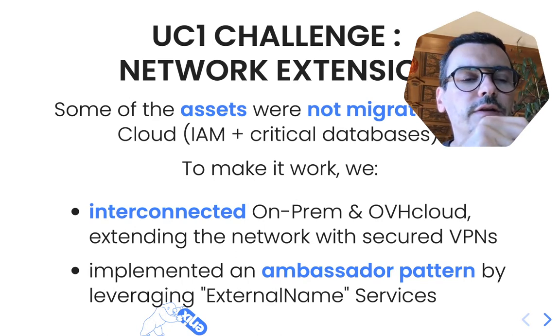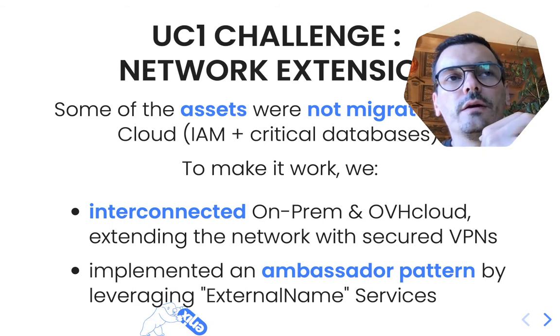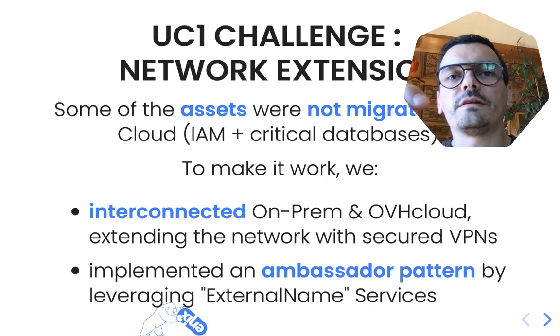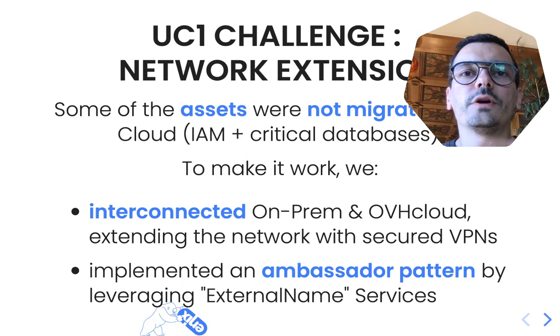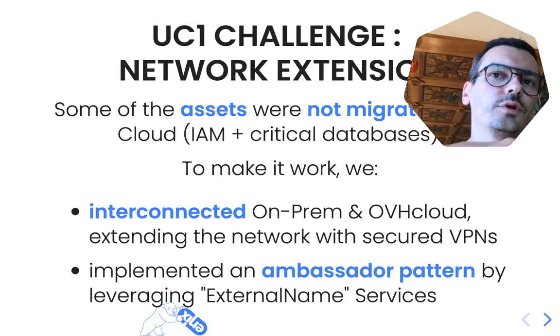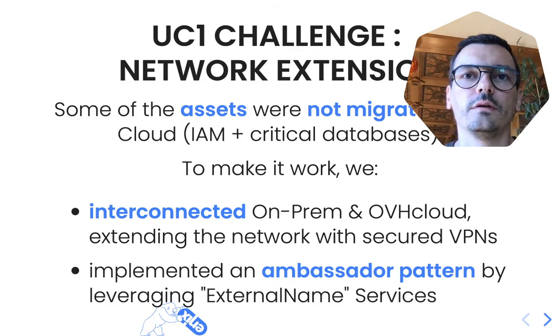We also implemented the ambassador pattern, which is basically building avatars of the critical database or user credential solution within Kubernetes. It made all of the software inside Kubernetes aware of something that is not locally present in the Kubernetes cluster, but remotely present, stuck on-premises.